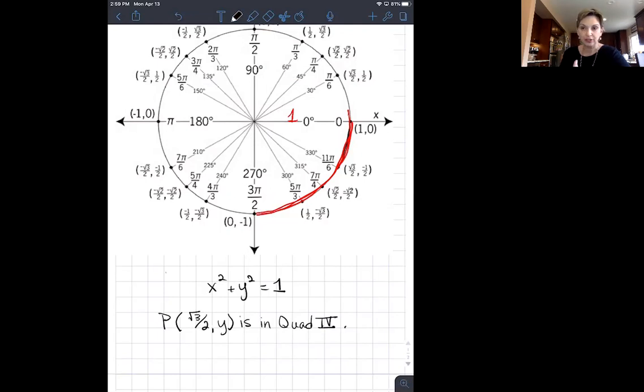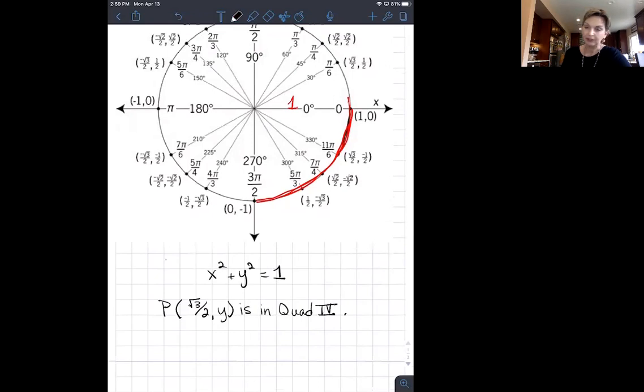I can figure that out by using the fact that the equation for the unit circle is x squared plus y squared equals 1. I can plug in the square root of 3 over 2 for x, and I get the square root of 3 over 2, squared, plus y squared equals 1.